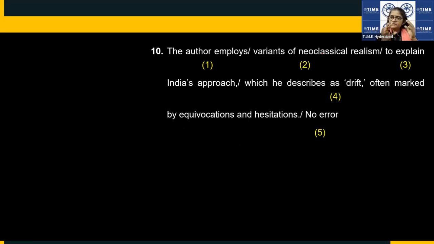This author describes India's approach to something as drift. And this approach is marked by equivocations. Equivocation means not being decisive, not being able to take a decision. Ambivalence. Synonym of equivocation would be ambivalence. Ambivalence means not being able to decide, and hesitations. No error here. Okay.